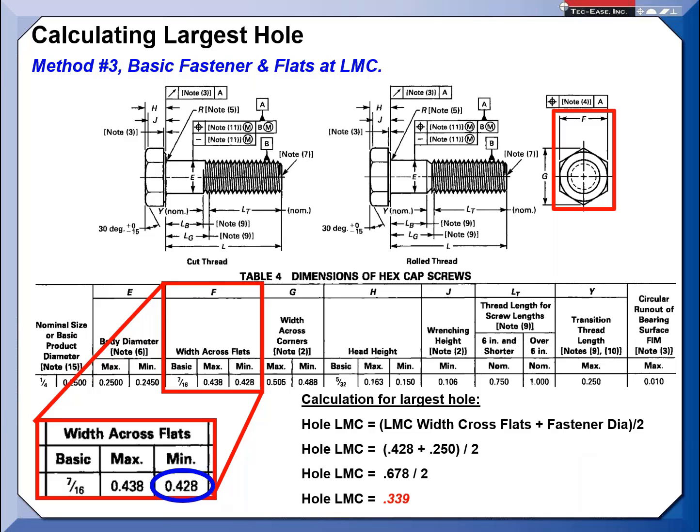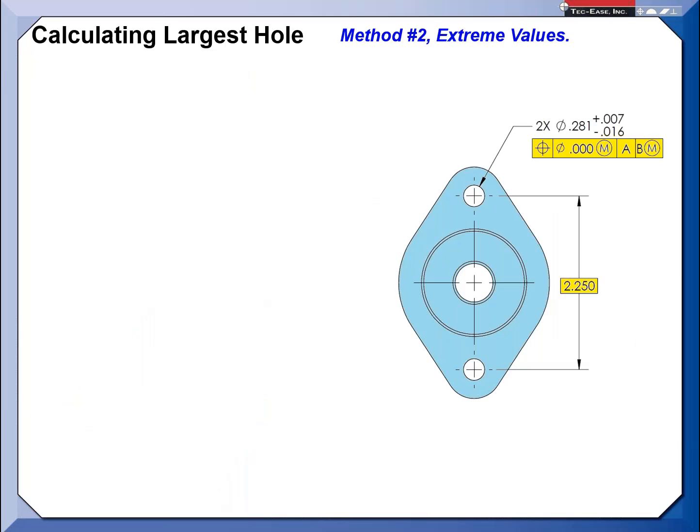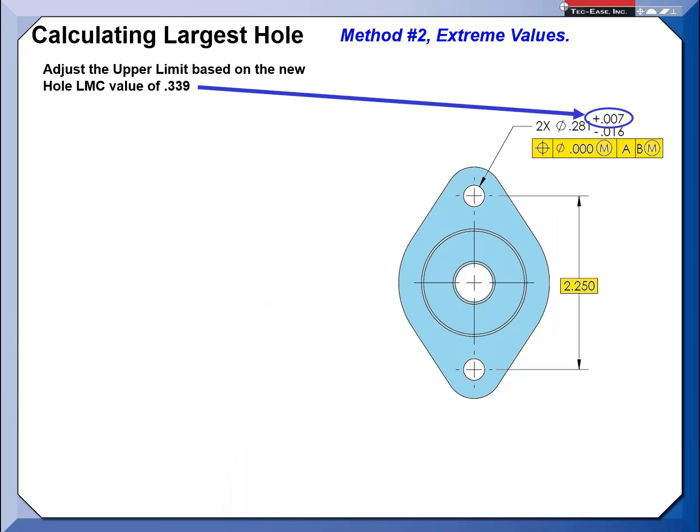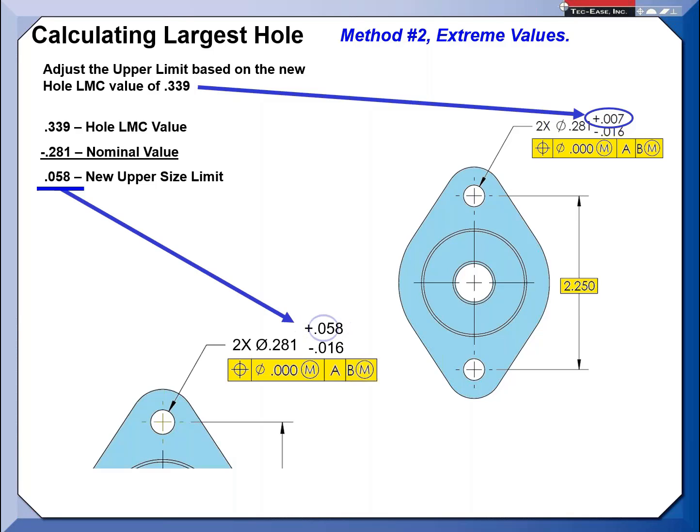That's going to now derive me an LMC of 339. So again, what are we talking about? How big can we make the plus side of this here? If we do the 339, do the math, my new upper limit becomes 0.058, readjusted from plus 7 thou up to plus 58 thousandths.